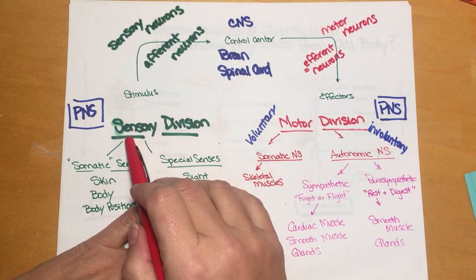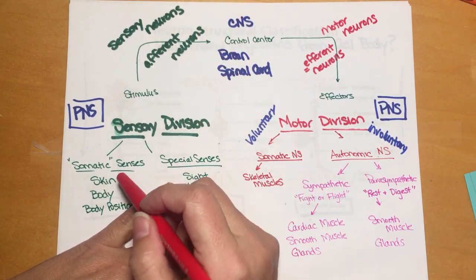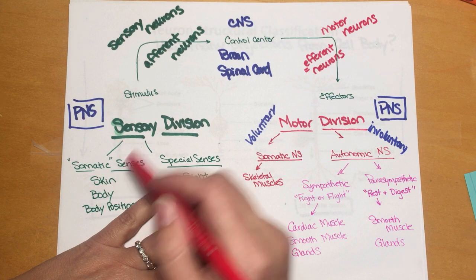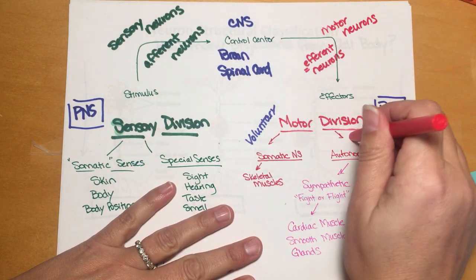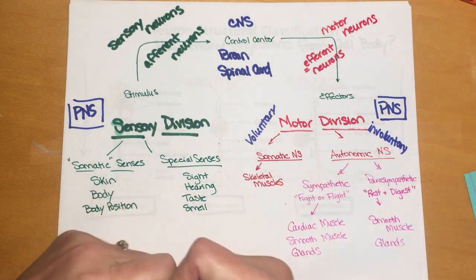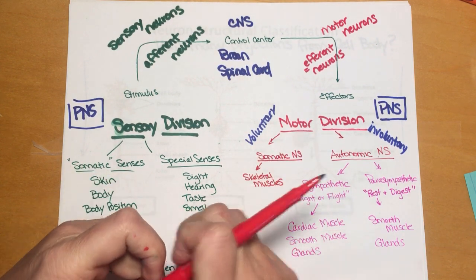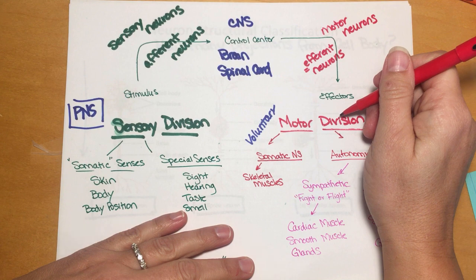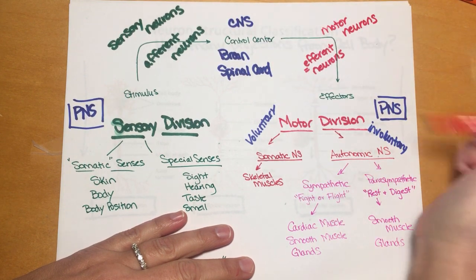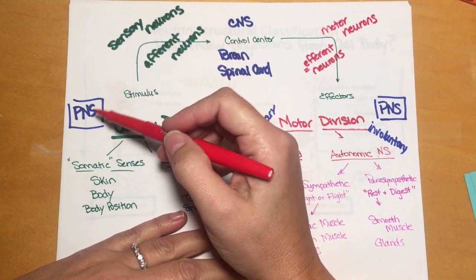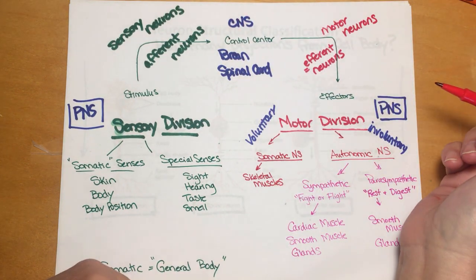So remember, we have sensory information going from the PNS to the CNS, and we have motor information coming out from the CNS back to the PNS. So motor neurons are ones that are carrying information going from the CNS to the PNS, and sensory neurons are ones that are going from the PNS to the CNS.